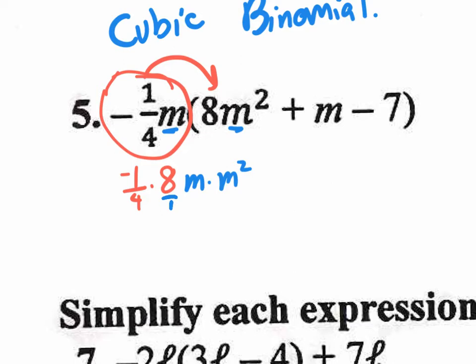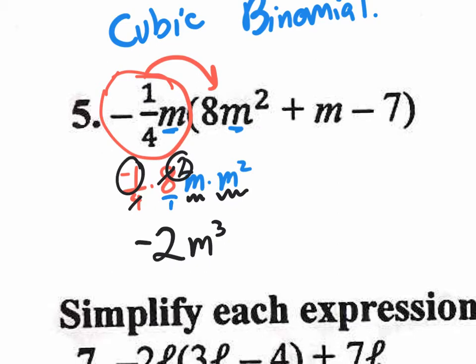Or you could cancel right from the beginning, 8 on top, 4 on the bottom, you have 2 left up on top. And negative 1 times 2 is negative 2. And then the m times m squared, that's going to be a m to the third. So when you distribute negative 1/4 m times 8m squared, it gives you a negative 2m to the third.